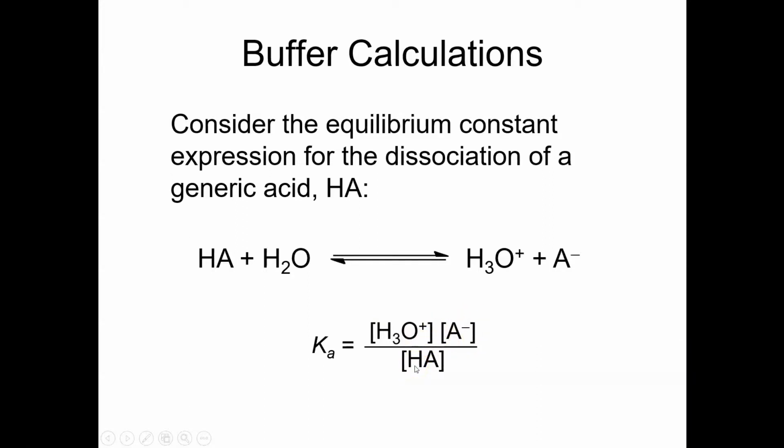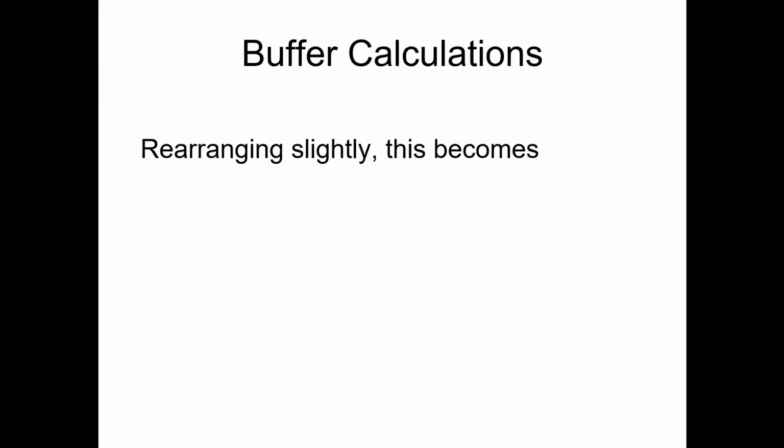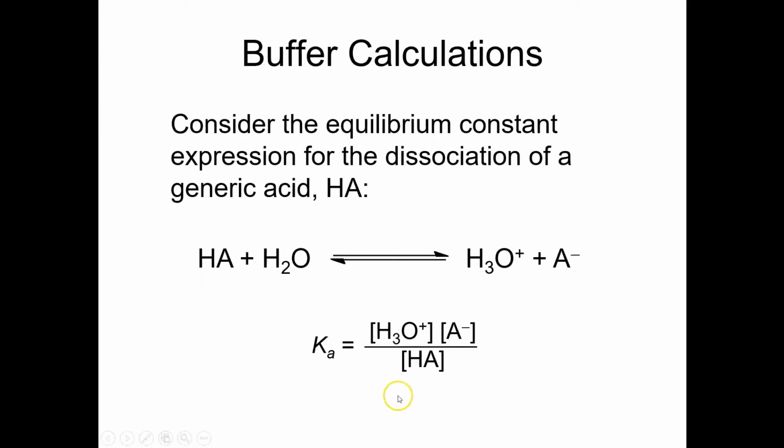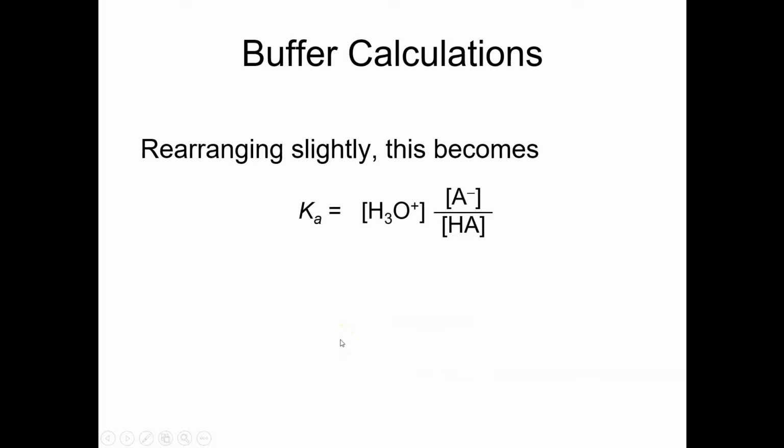Now we can rearrange that equilibrium constant expression. All I've done is take the hydronium ion concentration and pull it out of the numerator and set it next to that fraction.